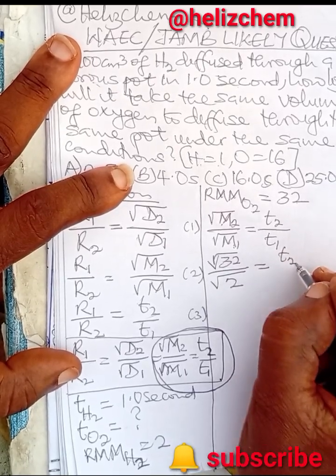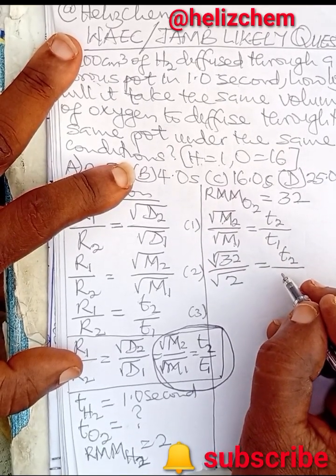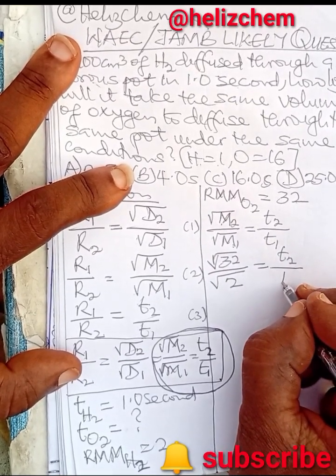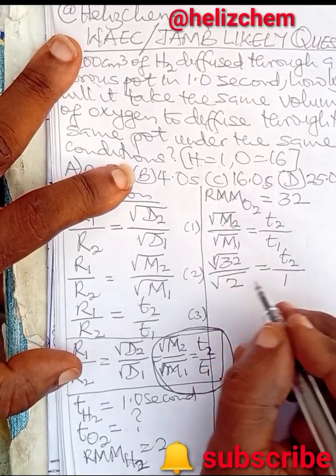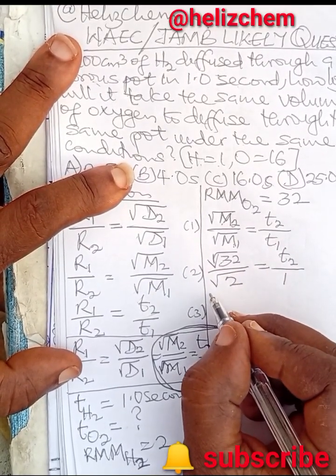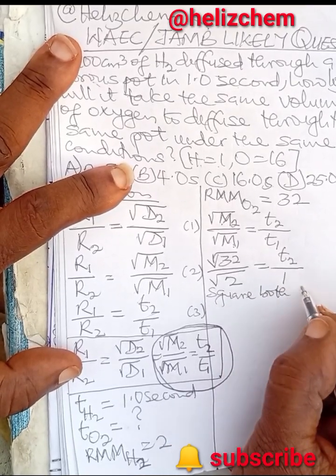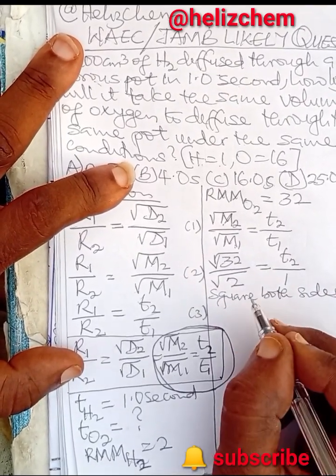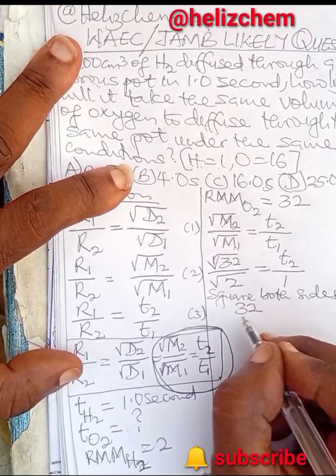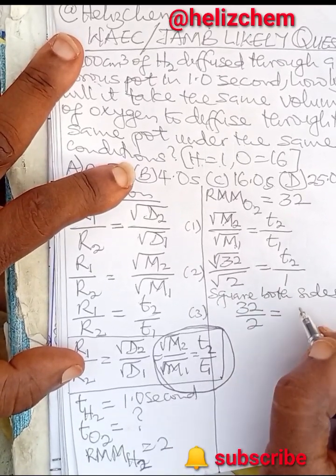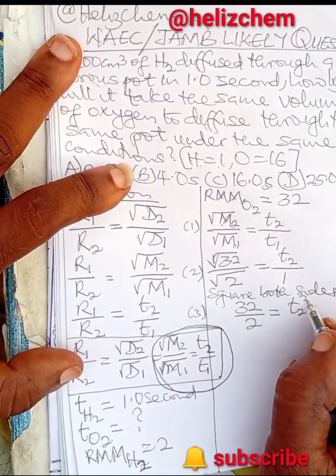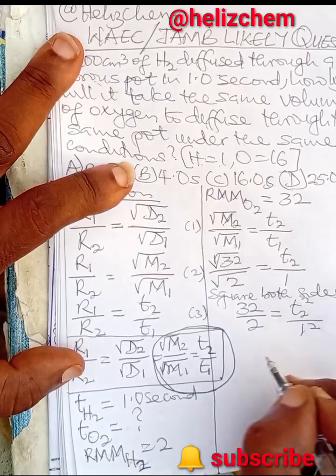We are looking for T2, and we are given T1 to be 1. If you look at this now, we want to remove the square root. Just square both sides. Then we are left with 32 over 2 is equals to T2 square over 1 square.